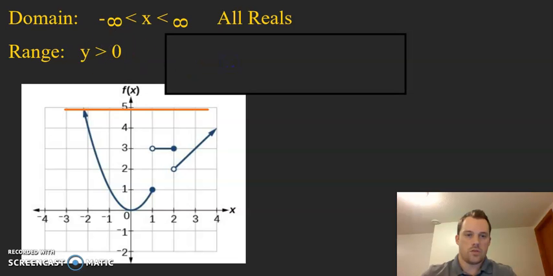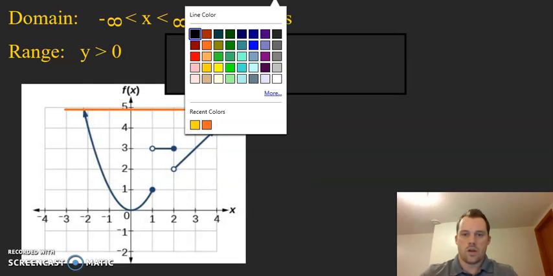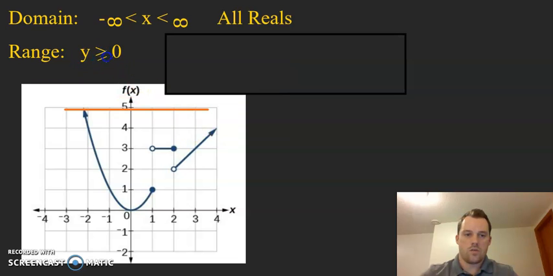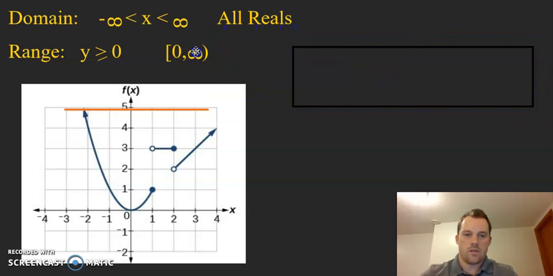This should be or equal to. So I'm going to quick change that. y is greater than or equal to 0. And so in interval notation, we just say from 0 to infinity with a bracket on 0.